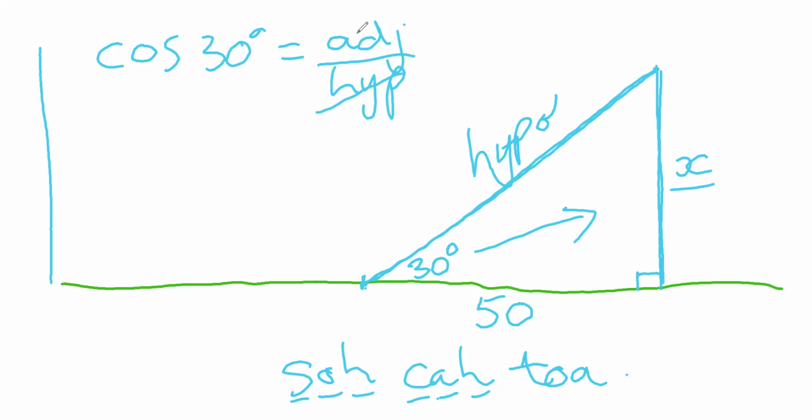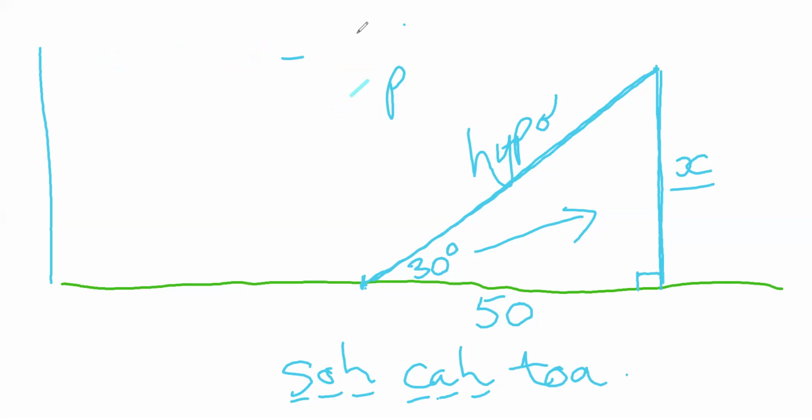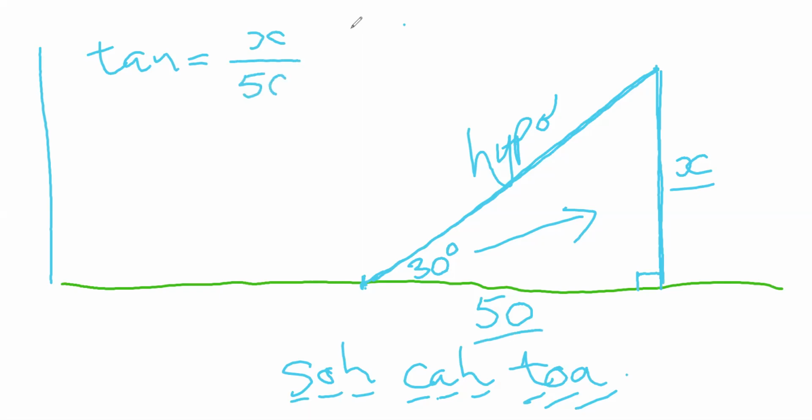So we're a bit stuck there too. Let's try the third one. Tangent. Tan equals opposite over adjacent. Opposite is x. Adjacent is 50. Here goes.